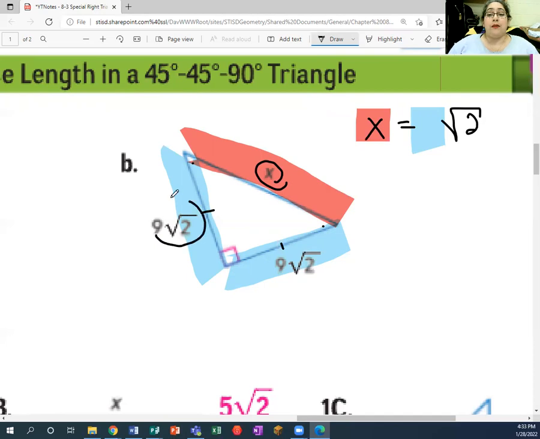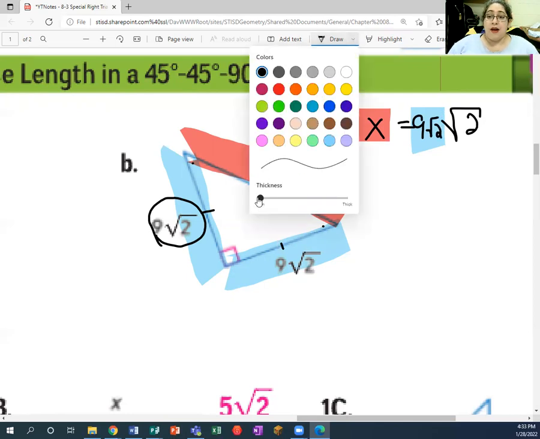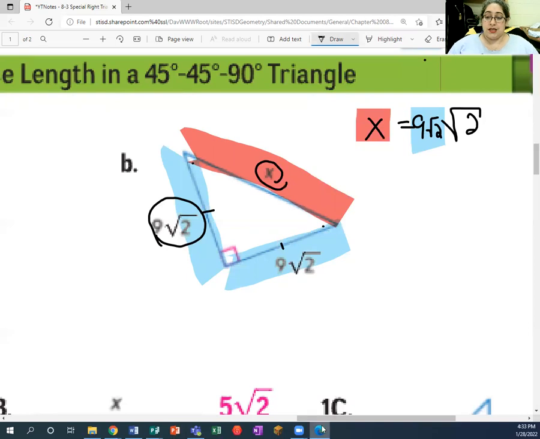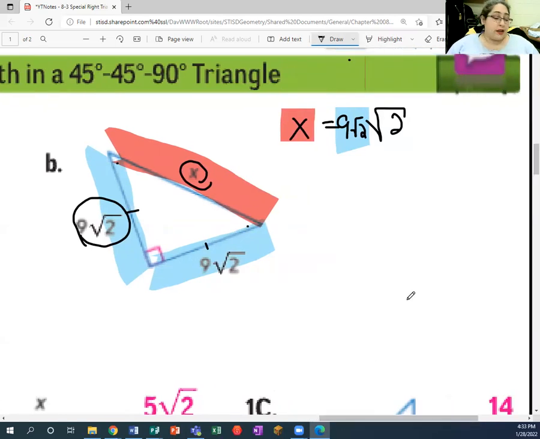And then one of the leg measures, it doesn't matter which one, 9 square roots of 2. And now I have this thing which looks bizarre. It says 9 times the square root of 2 times the square root of 2.